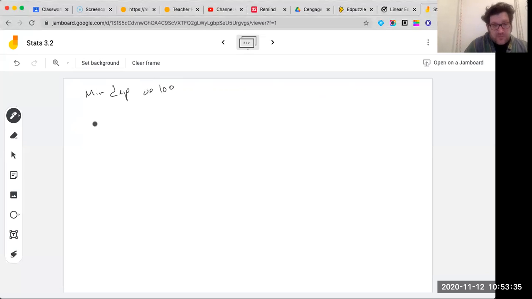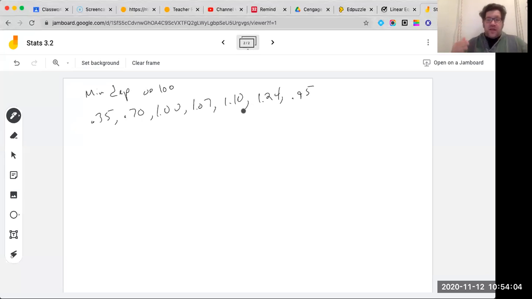So I've got a 0.35, 0.70, 1.0, 1.07, 1.10, 1.24, and 0.95. So this is my list of all of the entries that have a minimum deposit of 100.